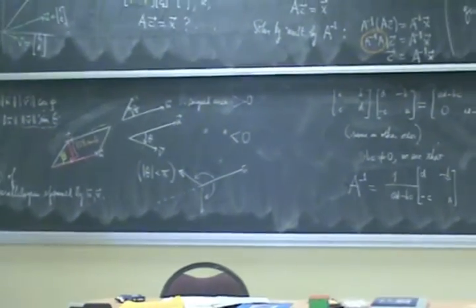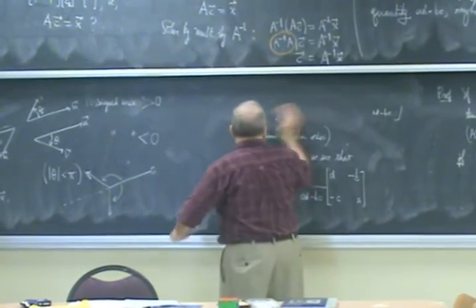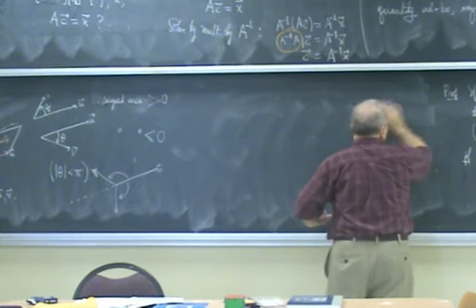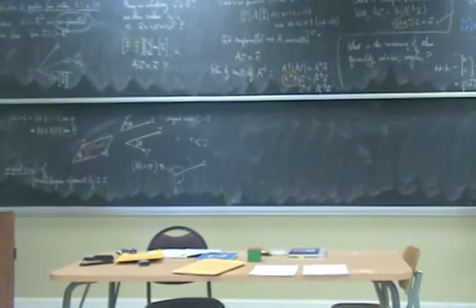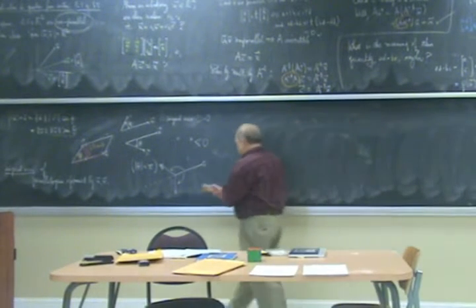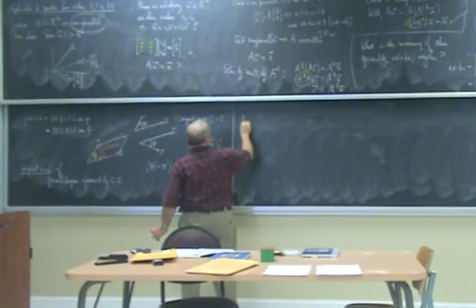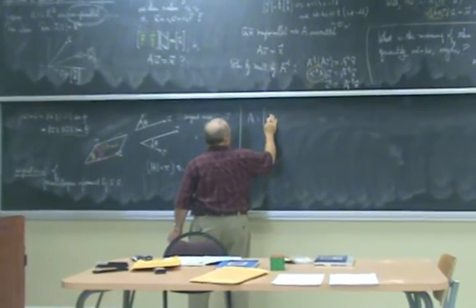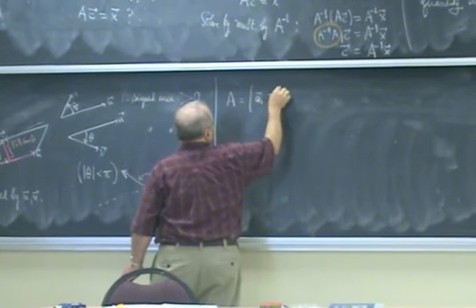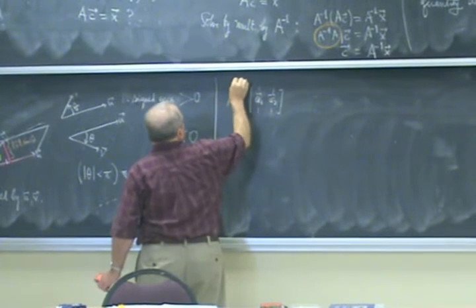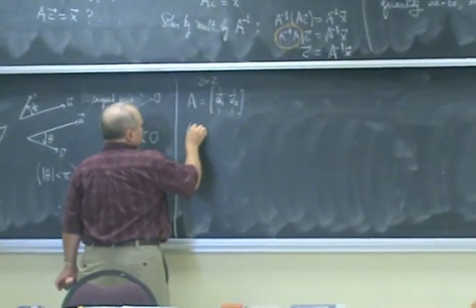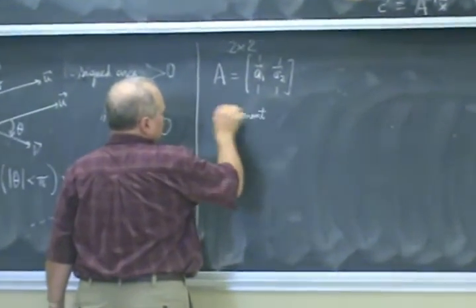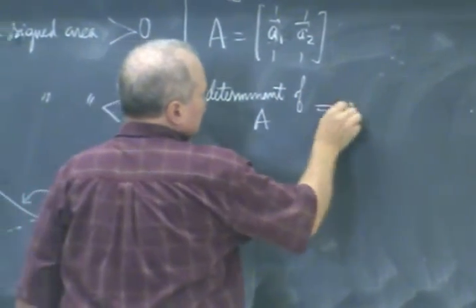All right. Well, so this creature that we've just talked about associates to every 2x2 matrix a number. And that number is important unto itself. So if I had a 2x2 matrix with its column vectors, then I would call the determinant of A, which is written det A for short.